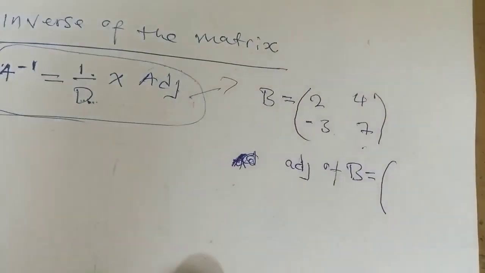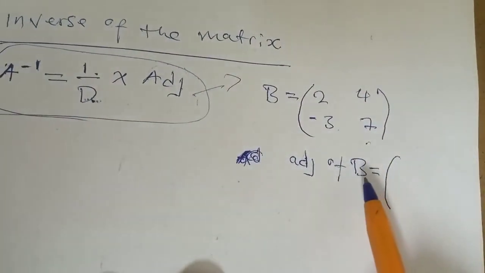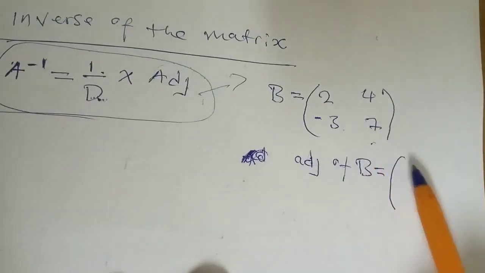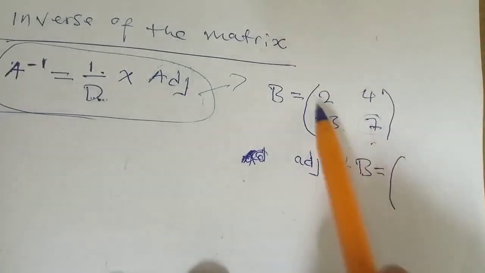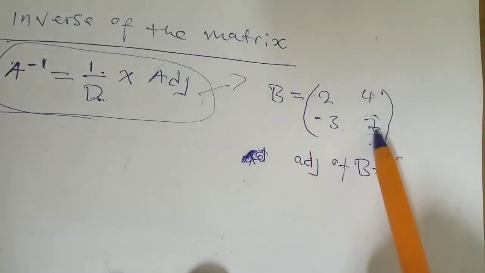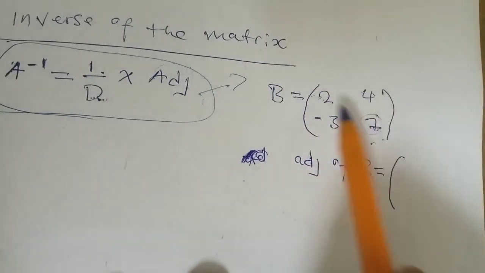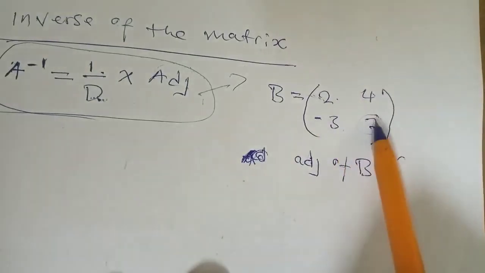Be careful on this one. You won't even have to calculate. What you do, this is the major diagonal, right? These numbers will swap their sides. What do I mean by their sides? The places where they are, they will swap.